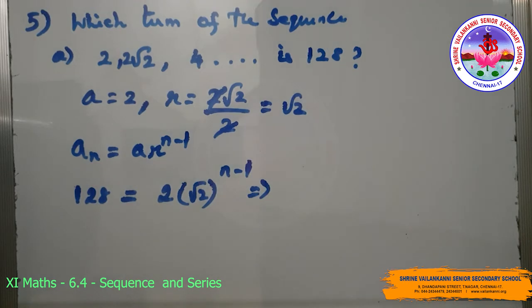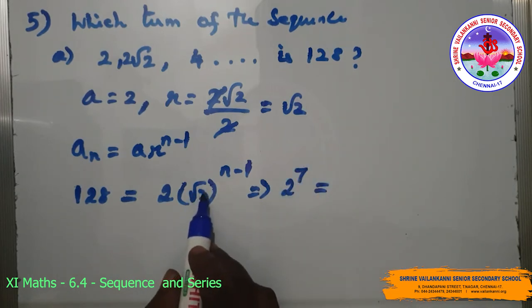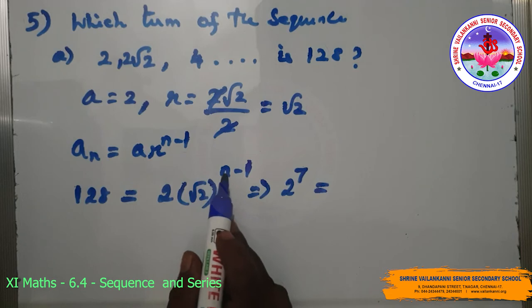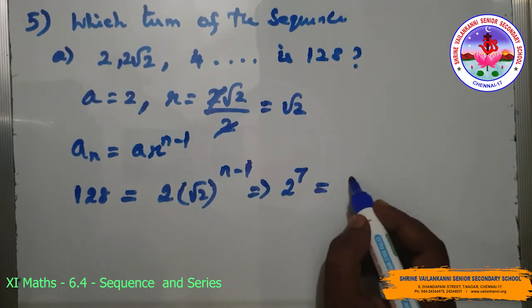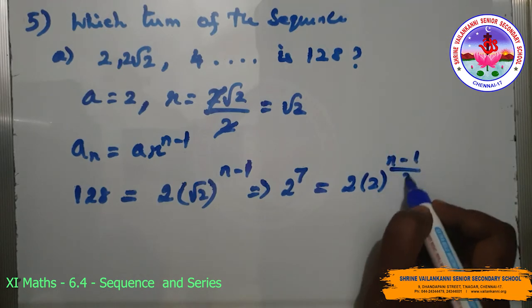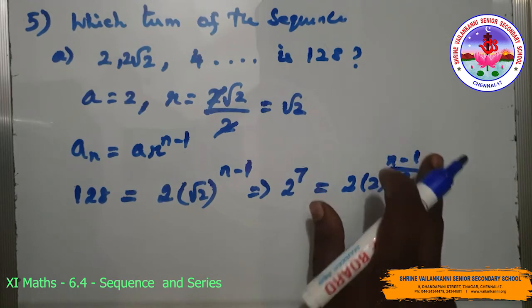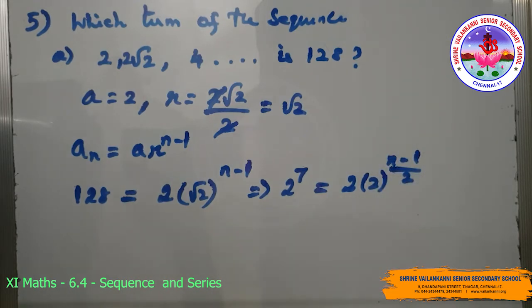Now we have to find the n value. I am writing 128 as 2 power 7 and root 2 as 2 power half. So 2 power half to the n minus 1 is 2 power n minus 1 by 2. So 2 power 7 equals 2 into 2 power n minus 1 by 2.